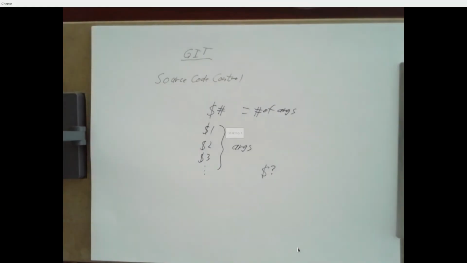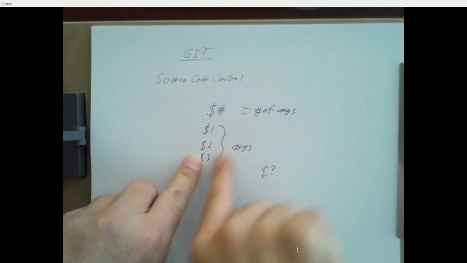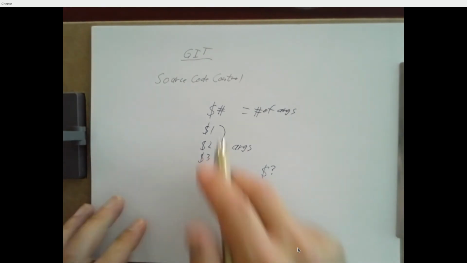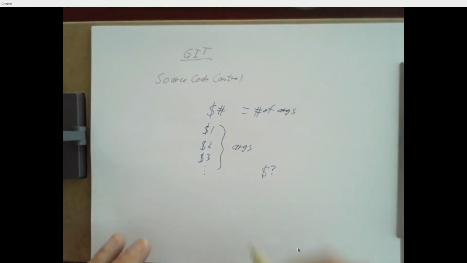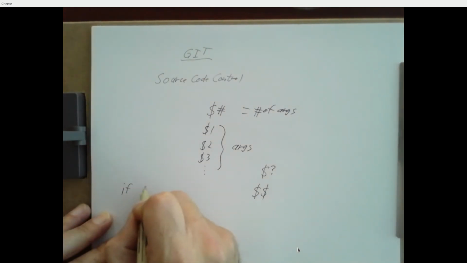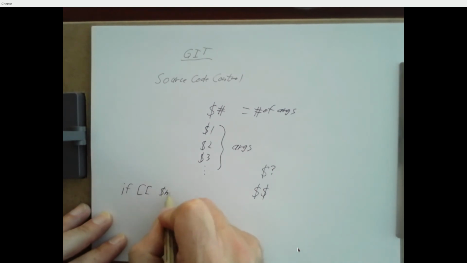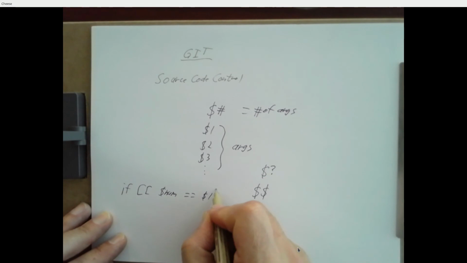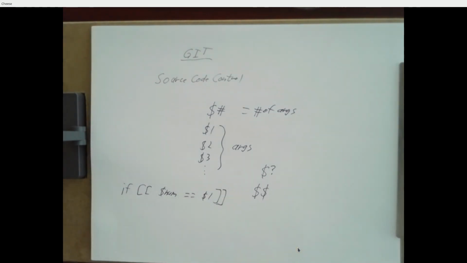So the critical point here is just that these things that begin with a dollar, a dollar followed by a variable name, give you the value of that variable. But all of these things are special variables. And so this is why if you do something like if $num equals $1, and you're hoping to tell if num's equal to 1, that's not what this does.